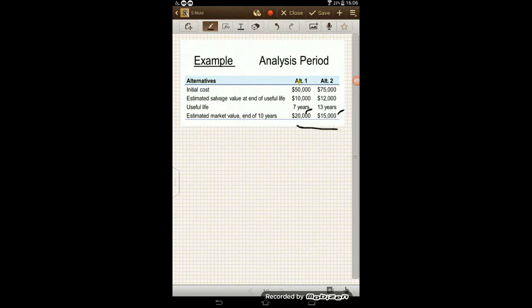We have a due date. It's better to use the present worth analysis. Then we are going to convert it to an equivalent uniform annual cost.